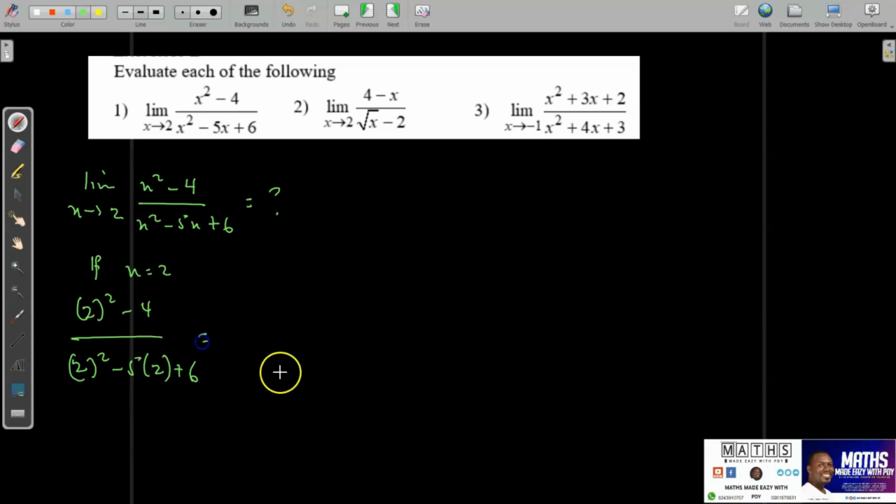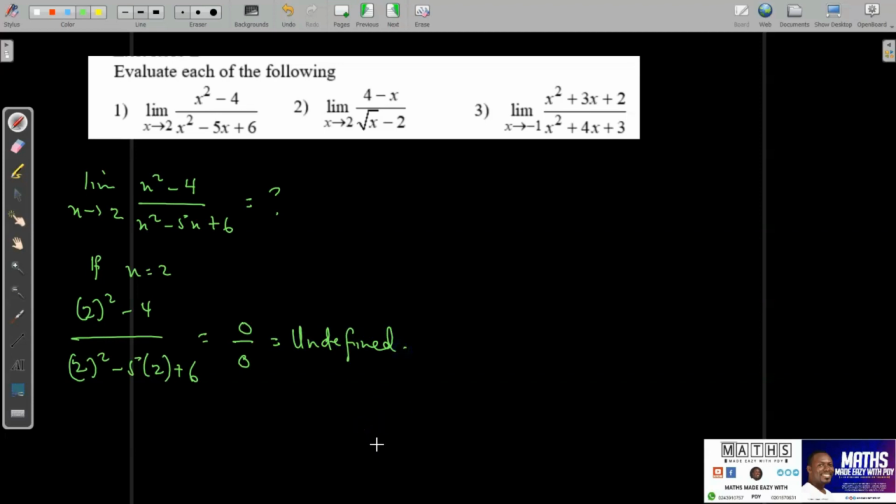The numerator is 4 minus 4, which is 0. The denominator is 2 squared, which is 4, then negative 10 plus 6, giving negative 0. So 0 divided by 0. What is the final answer? It is undefined. Do you agree?